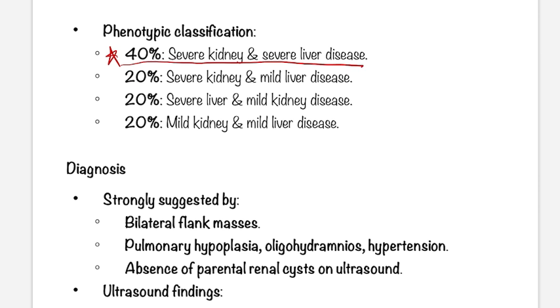If a neonate presents with bilateral flank mass, pulmonary hypoplasia, hypertension, and absence of parental renal cysts on ultrasound. Why is this important? Because presence of parental renal cysts on ultrasound is suggestive of autosomal dominant polycystic kidney disease. So parental renal cysts should be absent for the diagnosis of ARPKD.